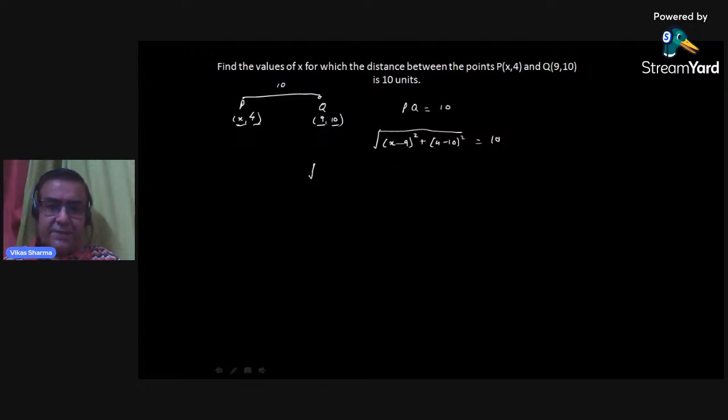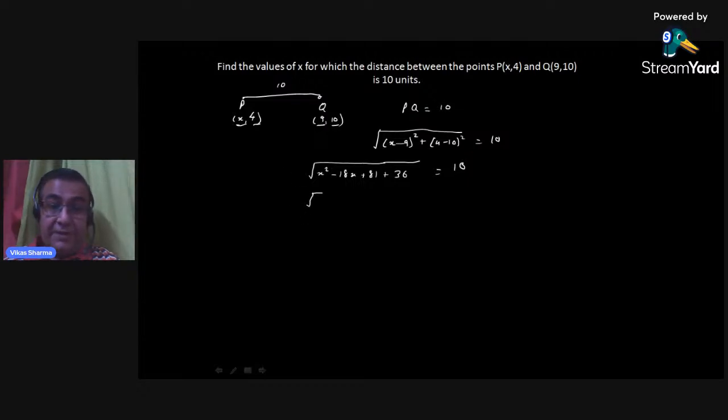Let's write it. So this becomes the square root of x minus 9 whole square will become x square minus 18x plus 81, and 4 minus 10 will give me minus 6. The square of that will be plus 36, should be equal to 10. Okay, no correct answers yet.